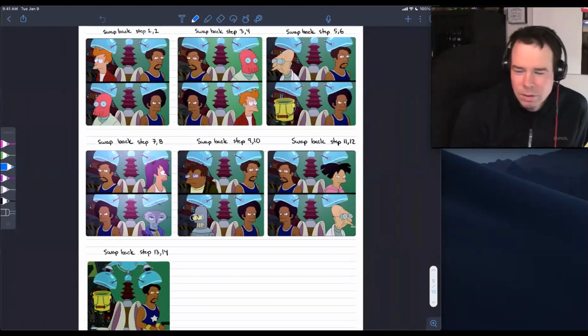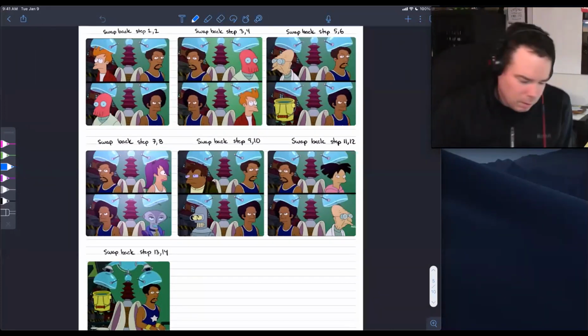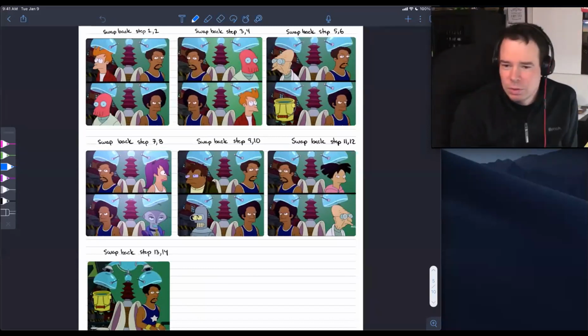And so each picture gives an indication of the swap. I started with the Fry and the Zoidberg and solving that one. So those are the first 4 panels. And then the next panels are all about restoring that other cycle. And so how many swaps here? 2, 4, 6, 8, 10, 12, 13 swaps in total to restore it.